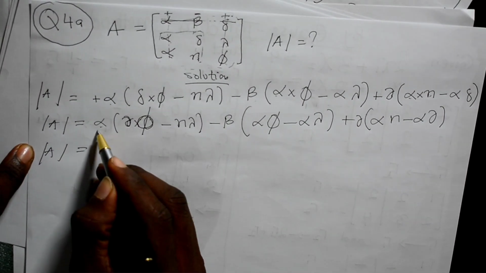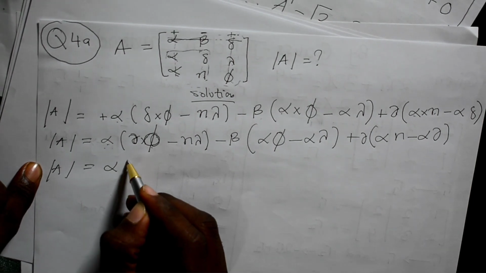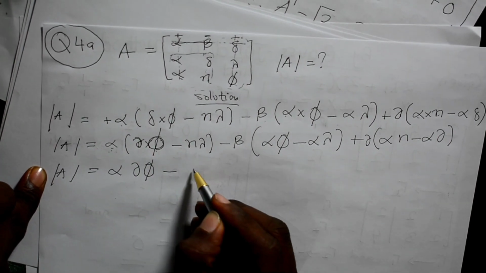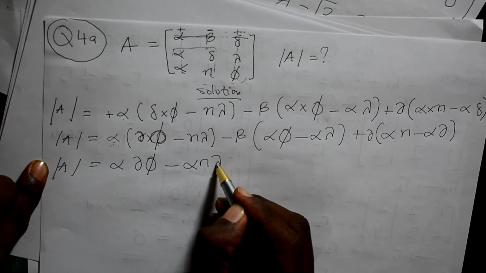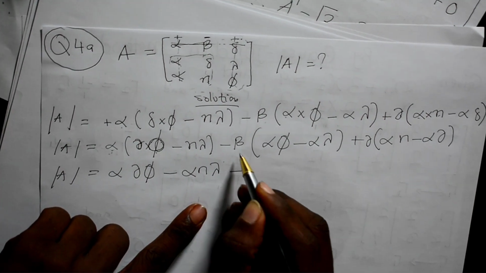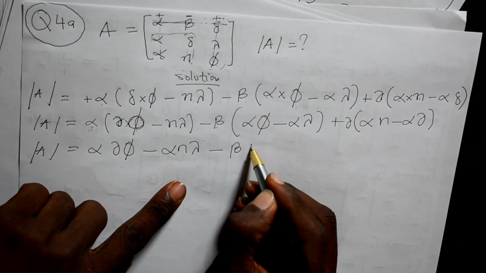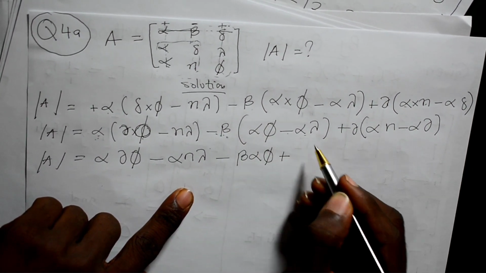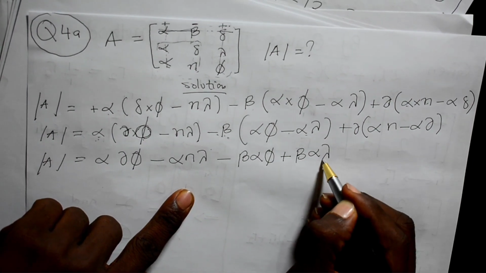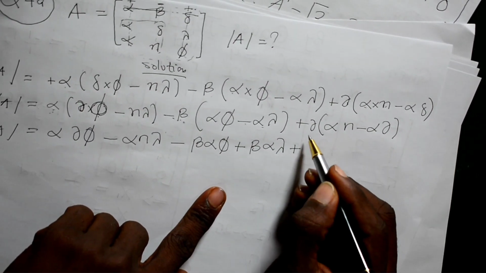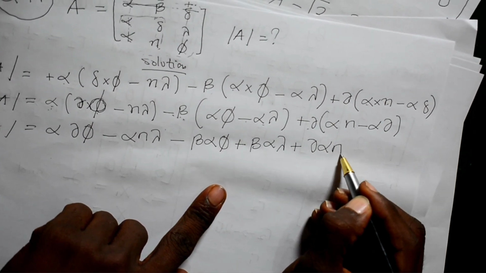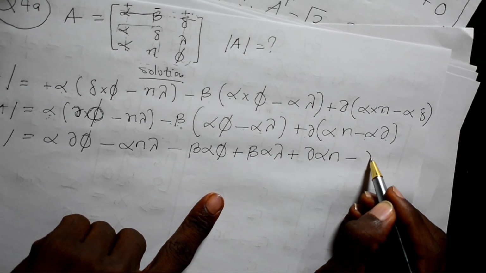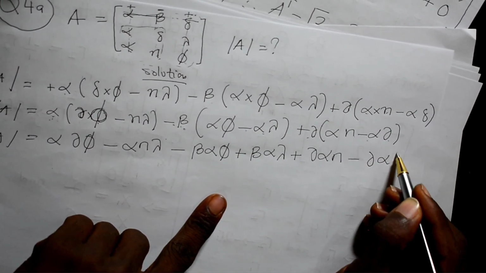A determinant will be alpha sigma psi minus alpha viscosity wavelength minus beta alpha psi, then minus times minus plus beta alpha wavelength plus sigma alpha viscosity minus times plus minus sigma alpha and sigma.